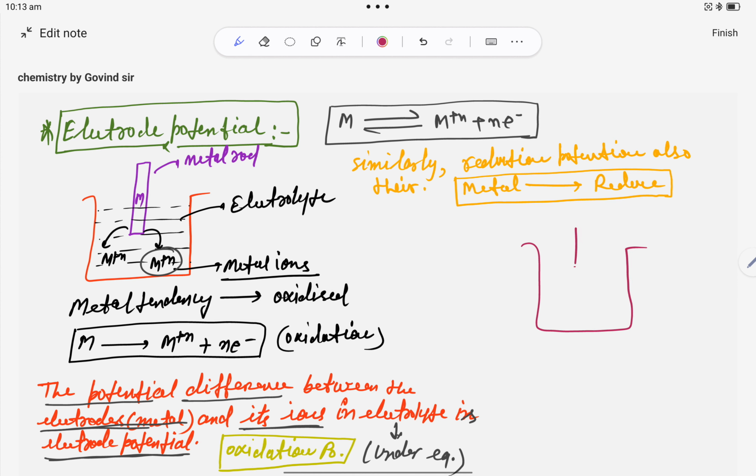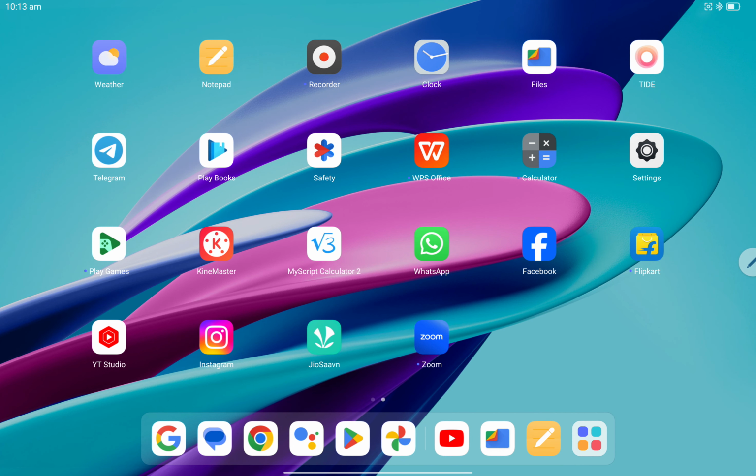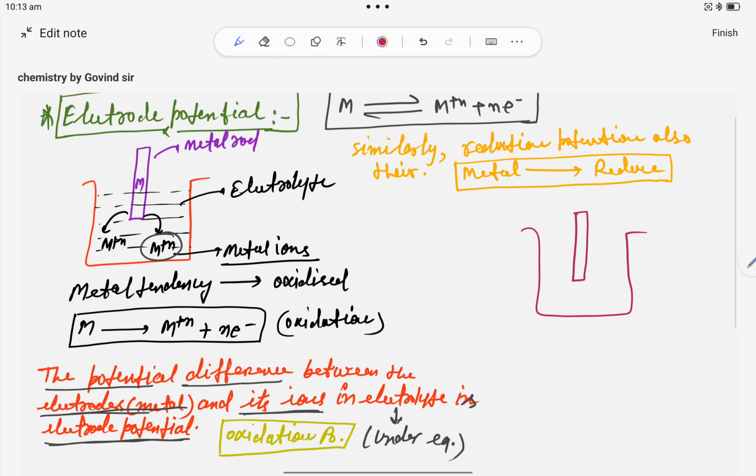This is the container, metallic rod. This time there is negative electron, so here positive charge on the rod, positive charge on the rod, then negative charge surrounding, M plus going to the rod, and here it is filled with electrolyte.